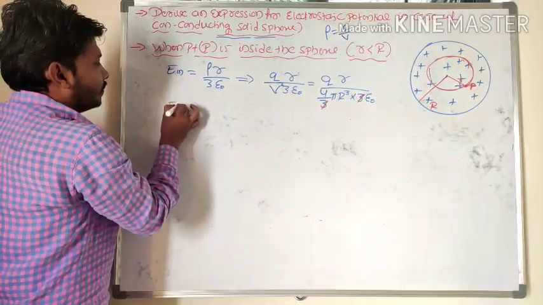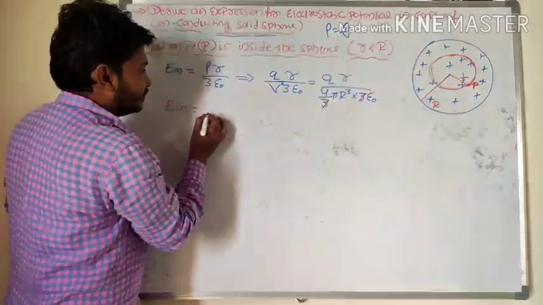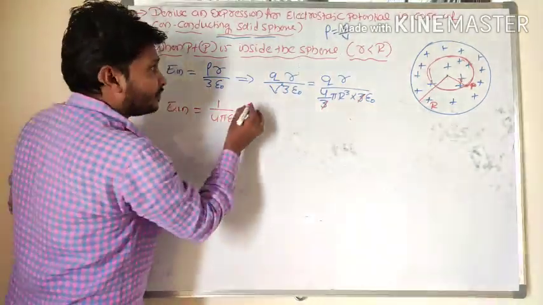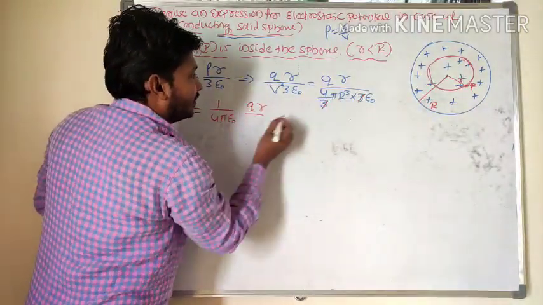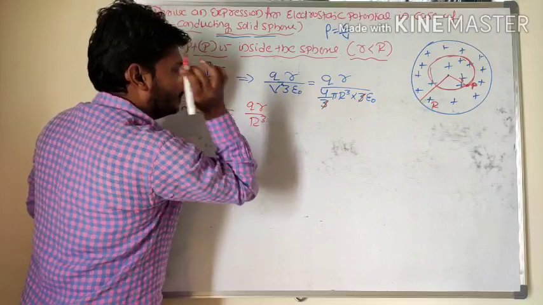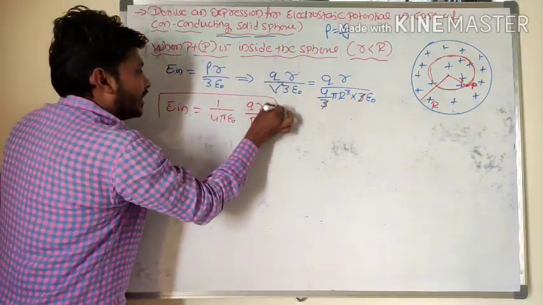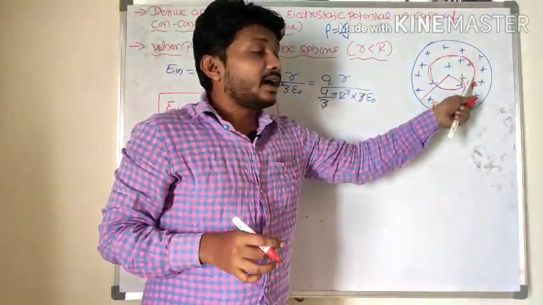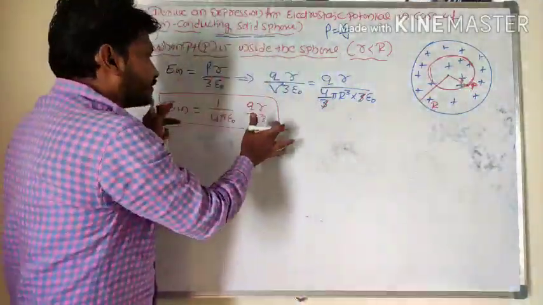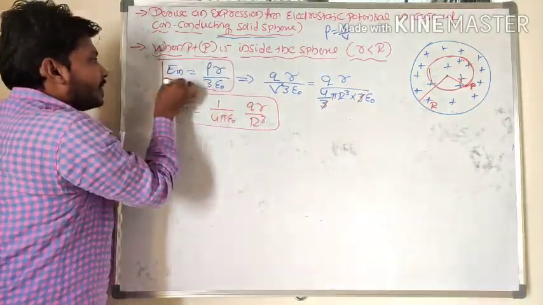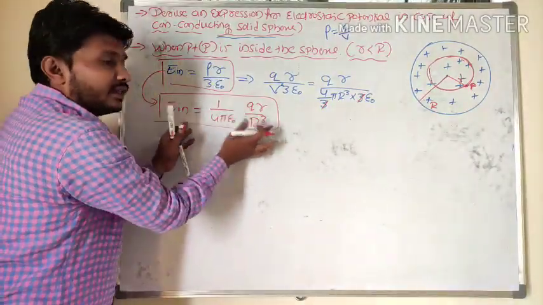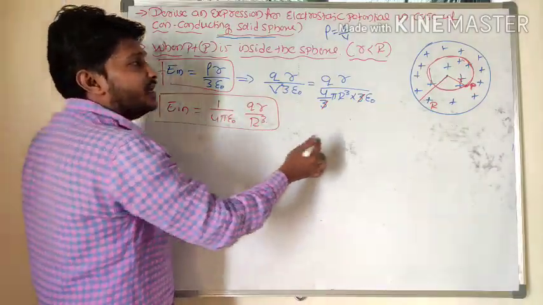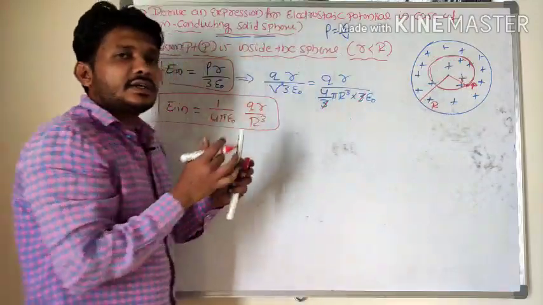Then the final equation is 1 by 4 pi epsilon naught q into r divided by R cube. So this is the required equation for the electric field inside a non-conducting solid sphere. In the first chapter I derived this equation, and I may write it in another form. I got that equation for electric field inside a non-conducting solid sphere.